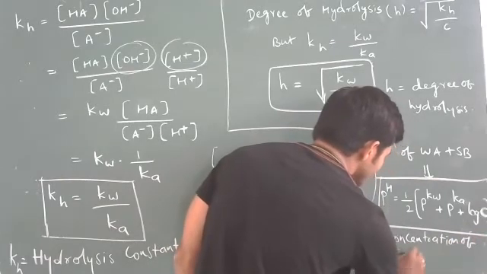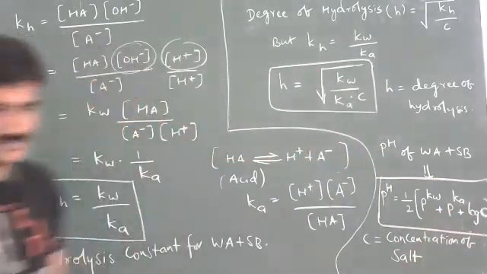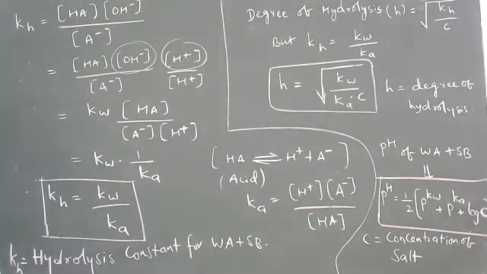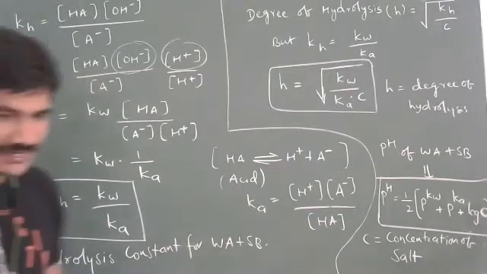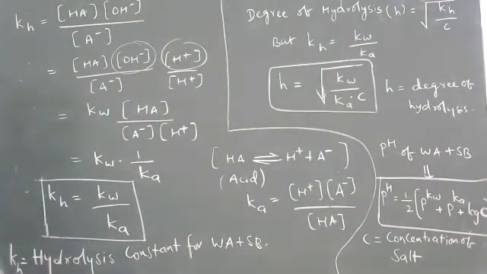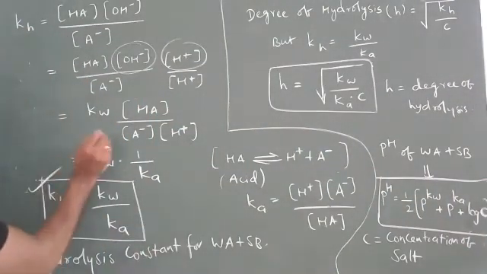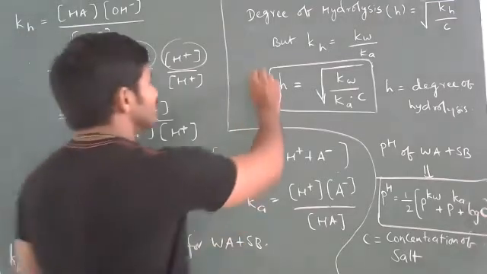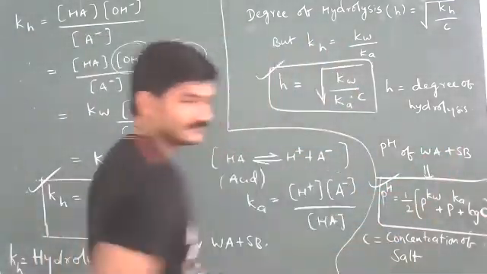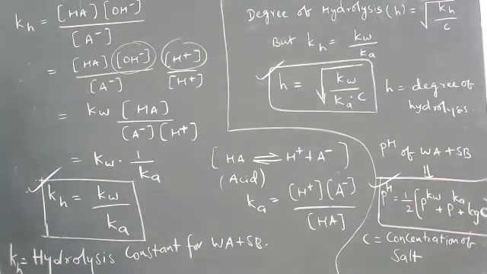Concentration of salt. Understood this? Salt of weak acid strong base. So while solving numericals, you should remember this one formula KH, this formula, and this one. These three formulas you have to remember.